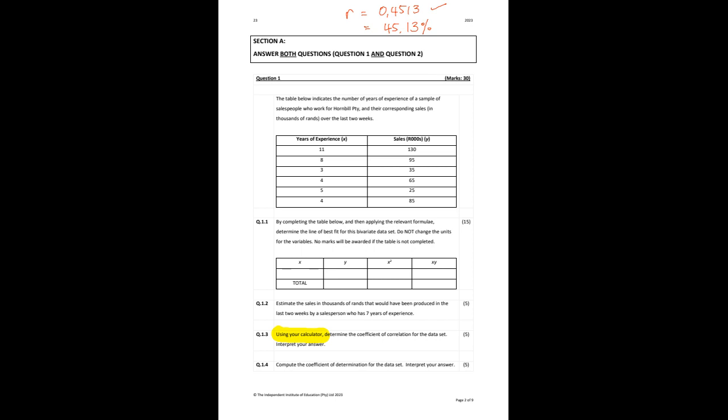So when you are doing it on your calculator, just to reiterate very quickly, you would press the mode button on your calculator and then choose the option that says stats. Then the option that says A plus BX. I'm going to quickly write that on the screen as well.